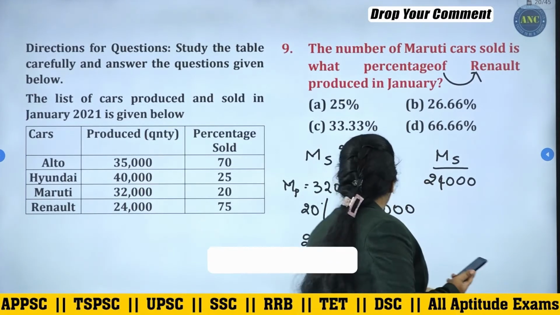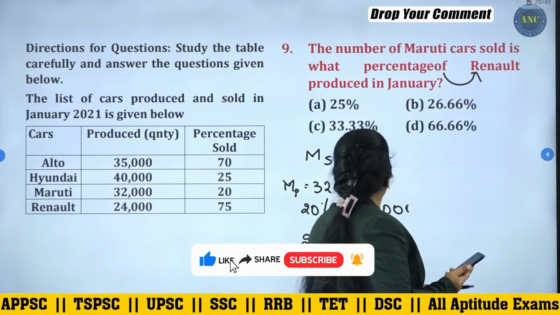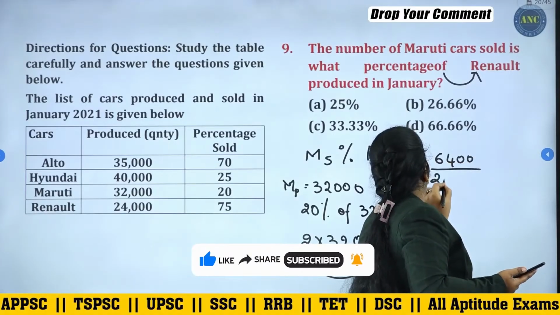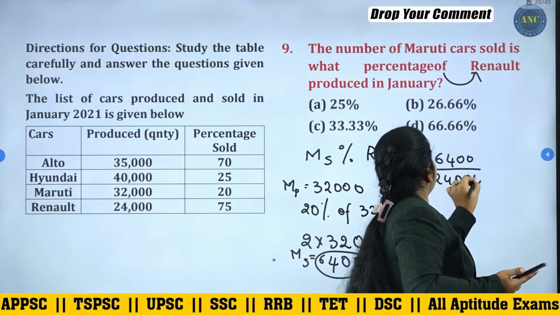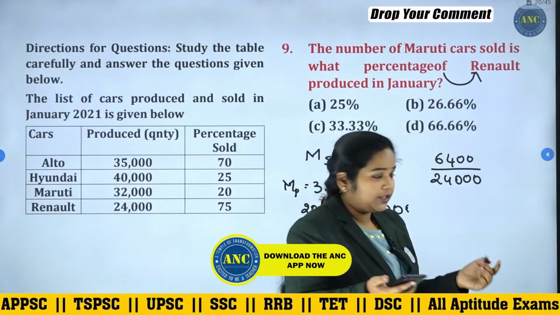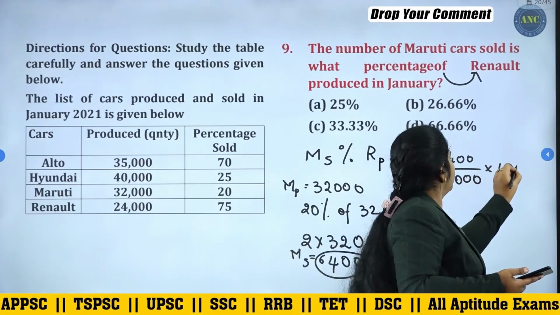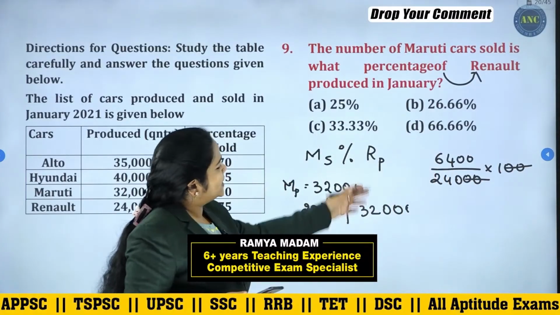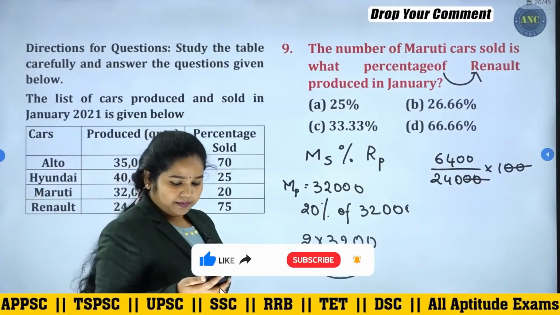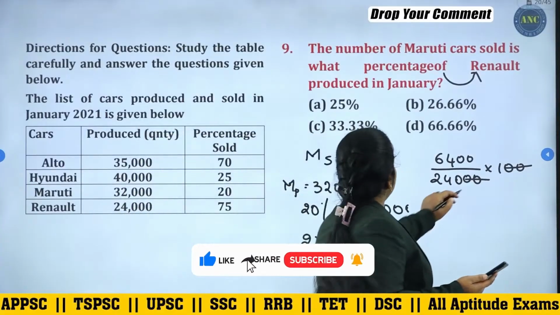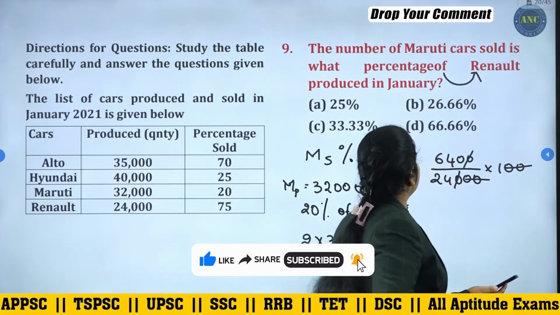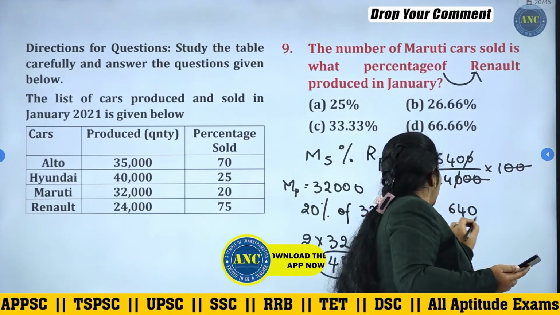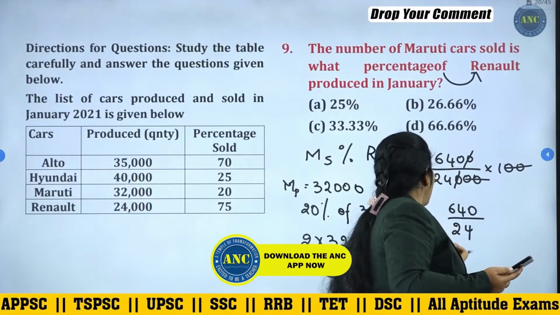Maruti sale is 6,400. Renault production is 24,000. Yes, we need percentage, so into 100. Clear? So do the division: 640 divided by 24.